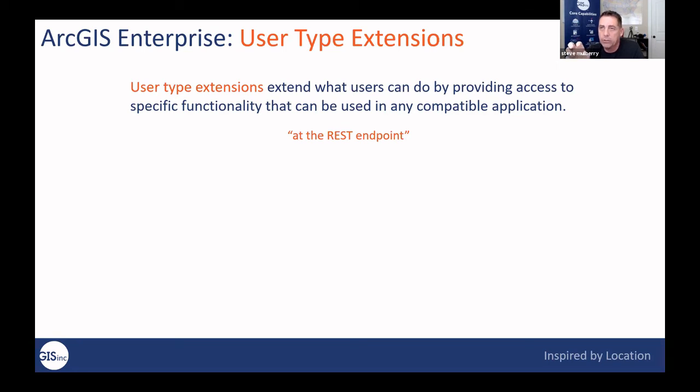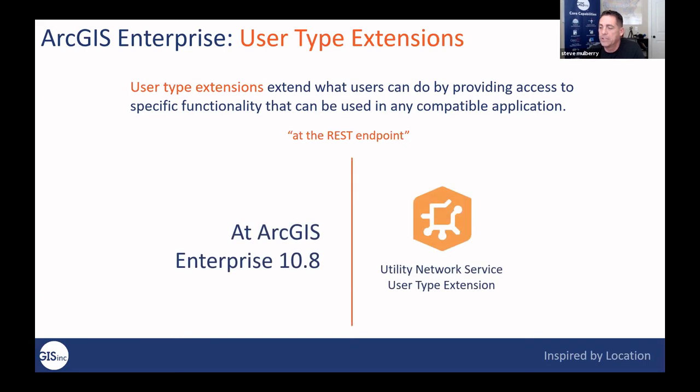Because they're going to start introducing this service-oriented architecture, and the UN is one of the first ones to get that. So starting at ArcGIS Enterprise 10.8, the way you enforce authentication is now through this user type extension. You're probably familiar with this because it's also available at the Parcel Fabric level too. So Esri has released these two service-oriented architecture approaches, one for the UN and one for Parcel Fabric.